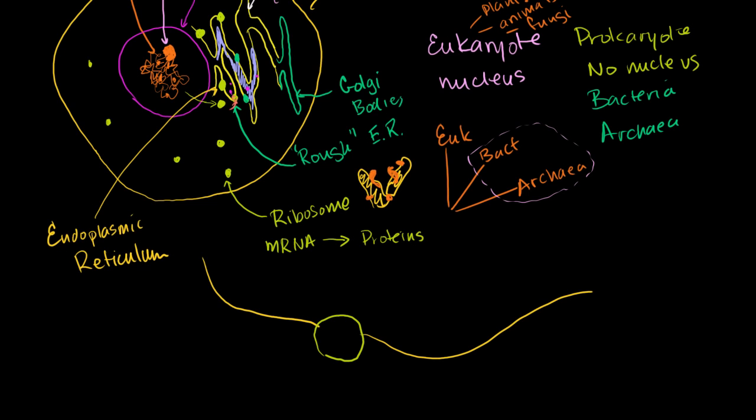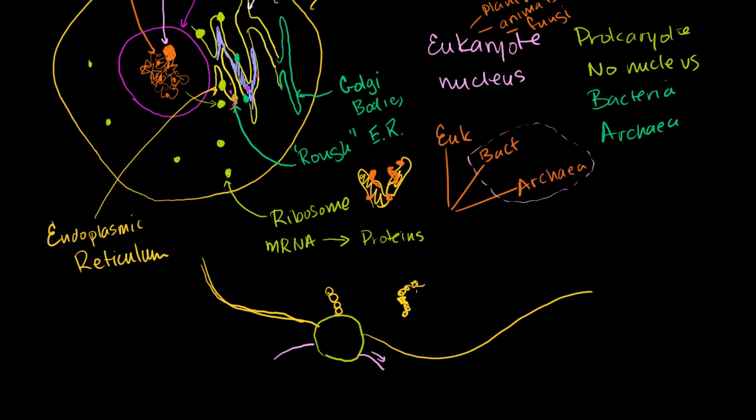And what you can have is mRNA coming into one side of it, maybe going in that direction. It's getting translated into the protein. But then the protein, as the amino acid chain is built up, will pop out on this end of the membrane. Remember, this is the membrane of our endoplasmic reticulum. So even though the mRNA is on the outside, because the ribosome is attached to it, the protein can show up on the inside. And so once the protein is built, maybe it folds all up.